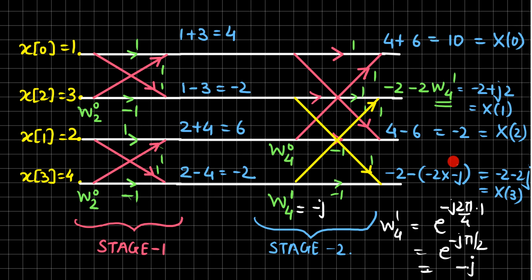If we have another stage, then we would be considering the 8-point DFTs, so at that point we would be considering the twiddle factor as W8 to the power k, and at that point the value of k would be ranging from 0 to 8 by 2 minus 1, that is 0 to 3. So the stage 1 would be having W2 to the power 0, stage 2 W4 to the power k, and so on.